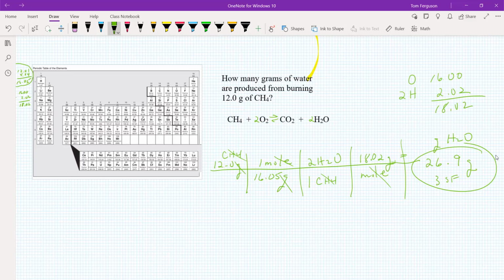And the next thing we need to do is convert the moles of what we're trying to calculate into what we're trying to calculate. In this case, grams, but it could be gaseous liters. It could be a number of atoms or molecules. Okay.